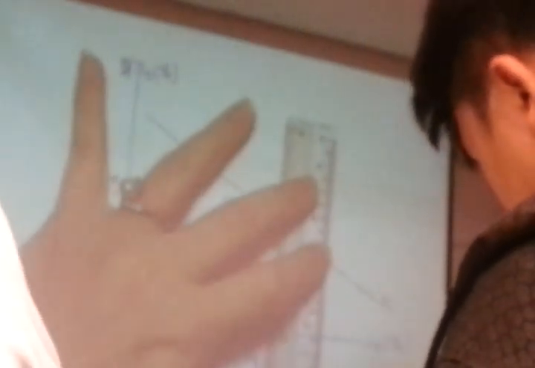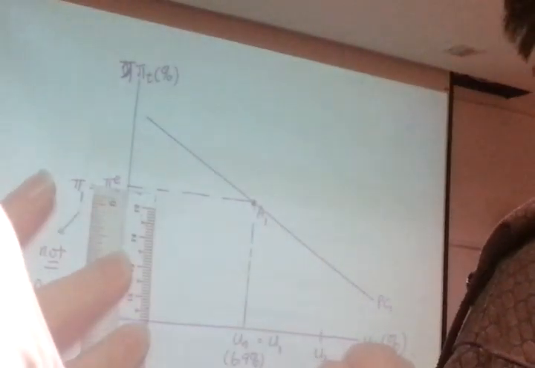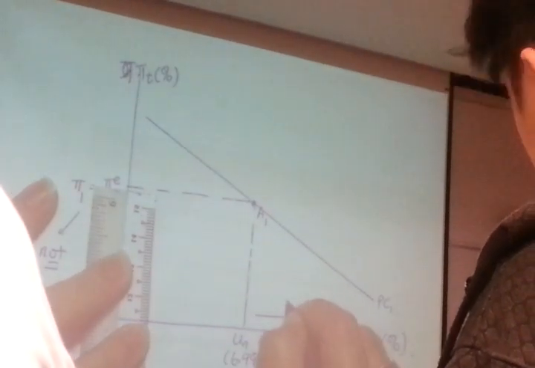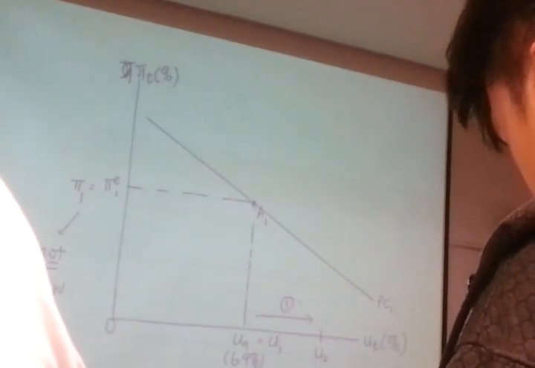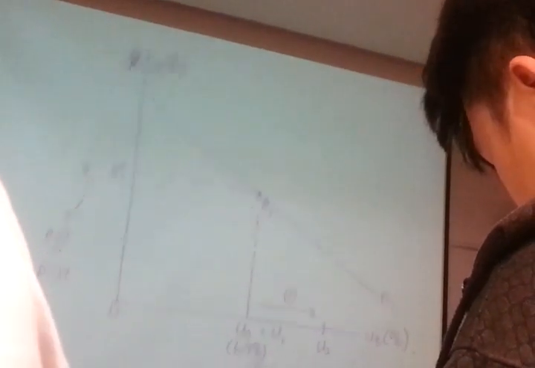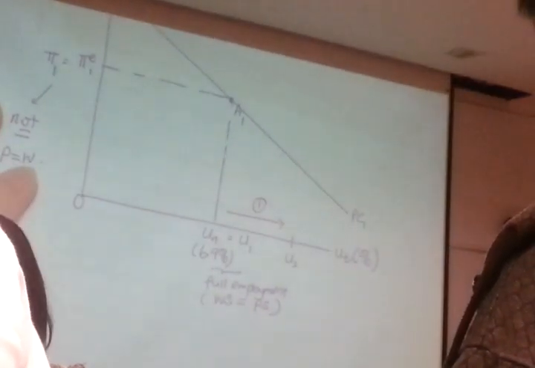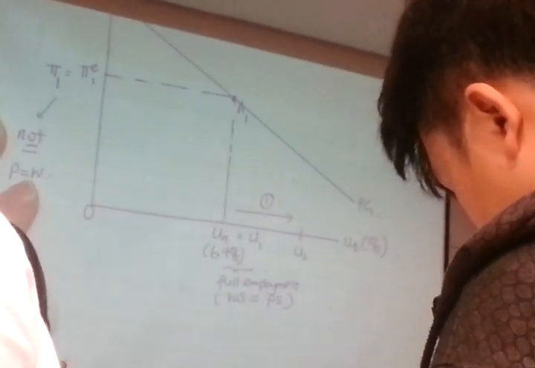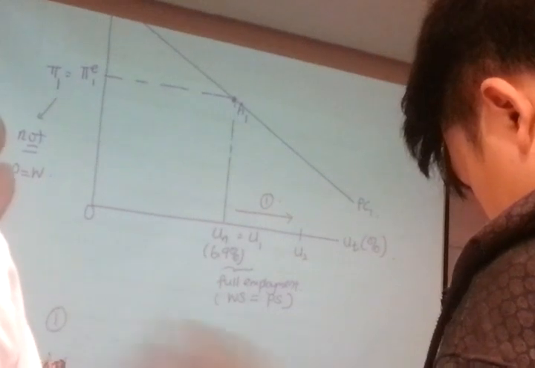So trigger the change. So now the question says, alright, you're facing a recession. So you move to U2. Okay, so this is step 1.